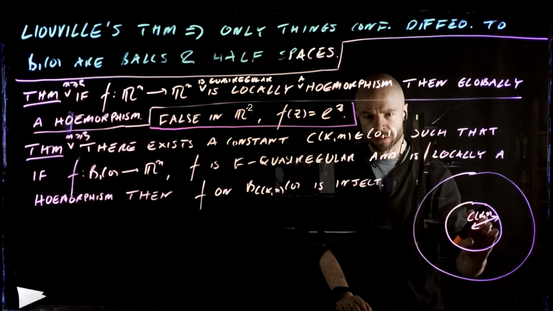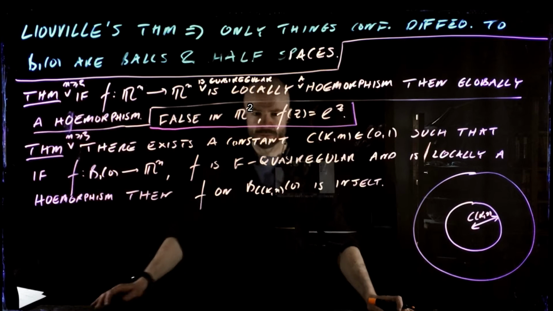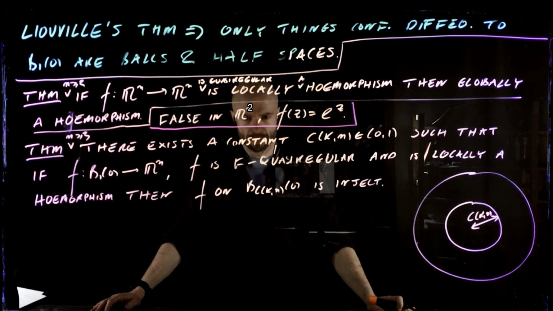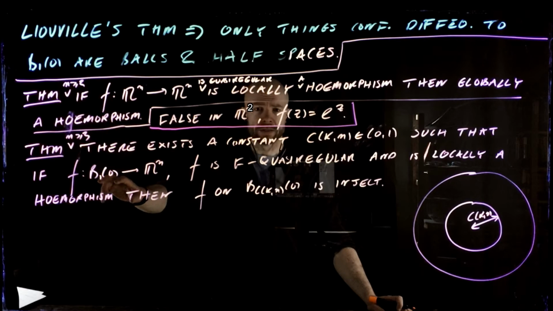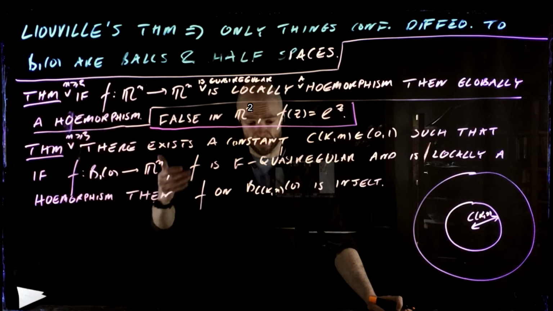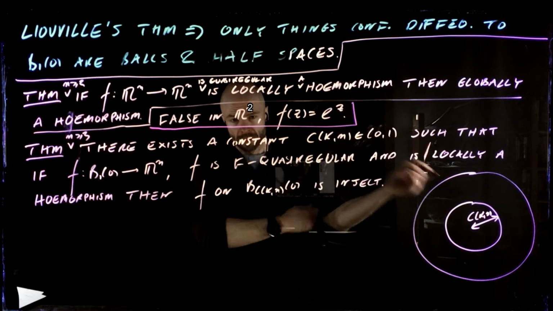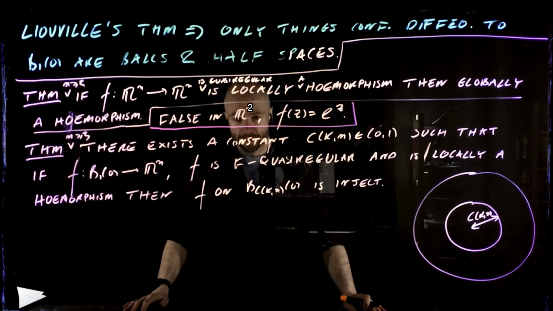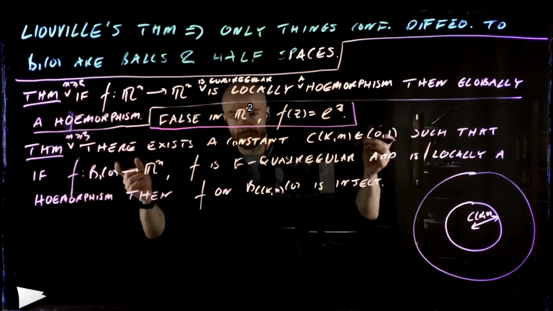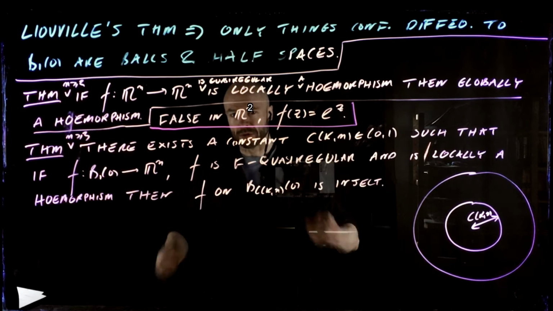Okay. Well, you can just rescale this. It's just a convenience to formulate this theorem around a ball of radius 1. If you have a quasi-regular mapping, you can just subtract the constant and then rescale to bring it to a ball of size 1.